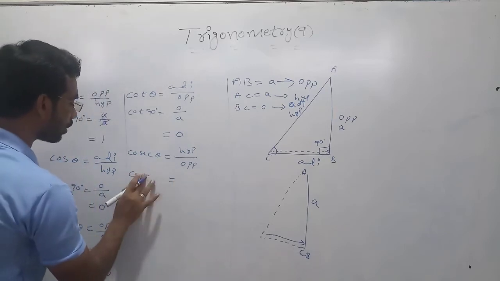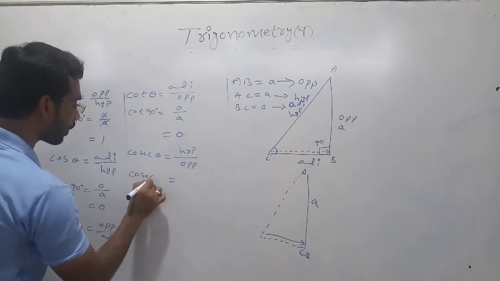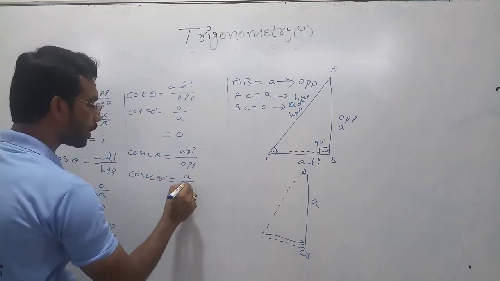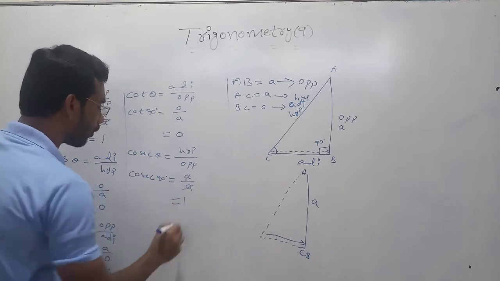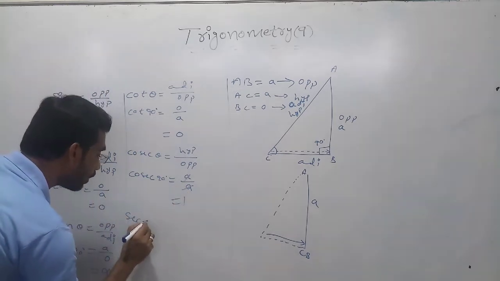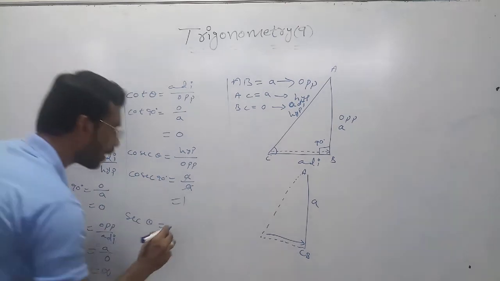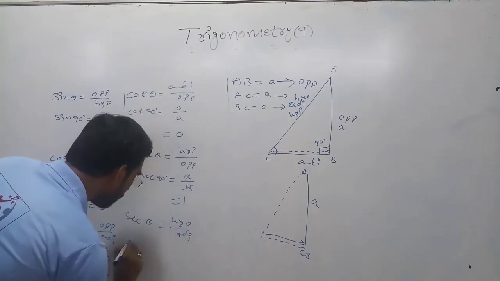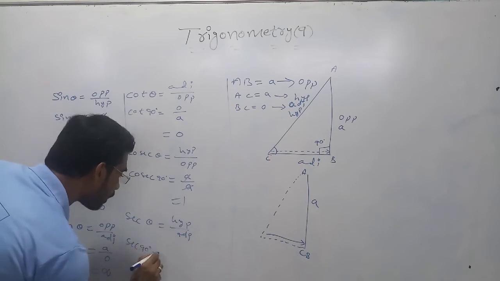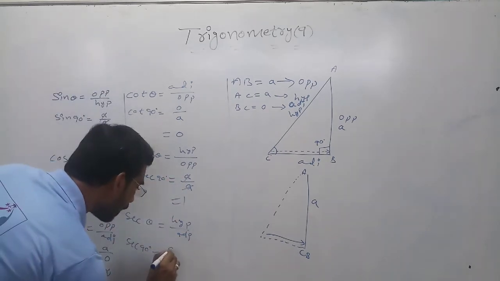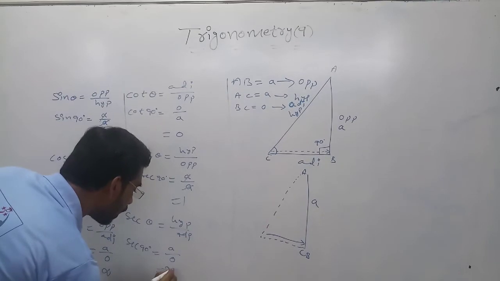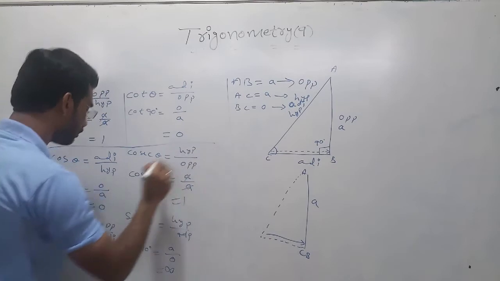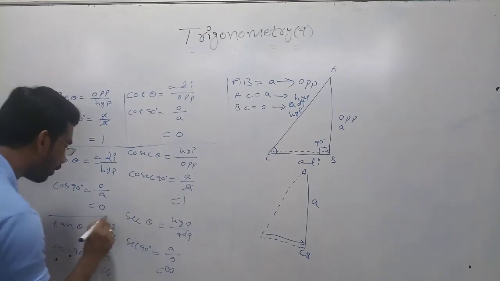Cosec 90 degrees, hypotenuse is A, opposite is A, cancel, so 1. Then sec theta is equal to hypotenuse by adjacent side. Sec 90, hypotenuse is A, adjacent 0, it is undefined. So all the values we got.